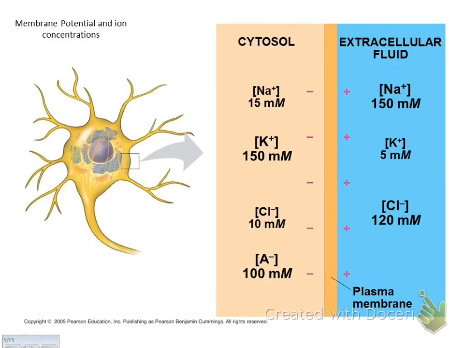So looking at this, somebody tell me what this picture shows. Yeah, we got neuron on the left-hand side. What else? What's on the right-hand side? Extracellular fluid. Okay, what is cytosol? Yeah, inside the cell. So this picture is just showing you inside the cell versus outside the cell. So inside the cell, y'all see that little negative charge right there?